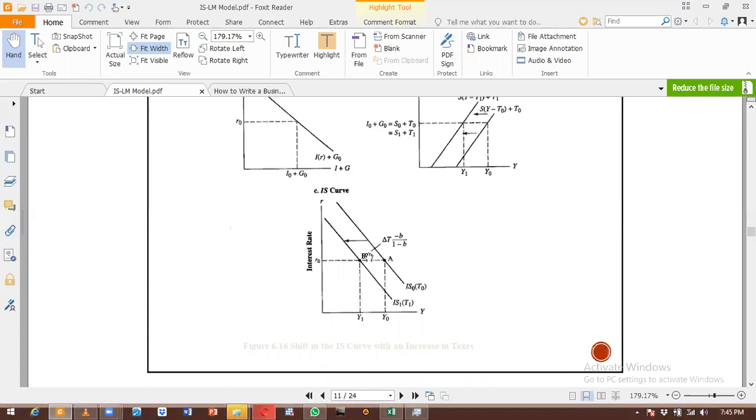So with the increase in tax, the magnitude of the shift in the IS curve will depend on the change in T and then the K for T. But just as I said, when we are looking at the maths, we will deal with that. So whenever there's an increase in tax, it's just like when there's a decrease in government expenditure, because it is going to cause a leftward shift in the IS curve.